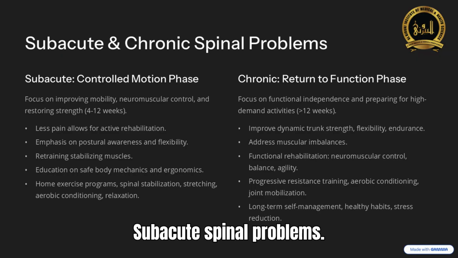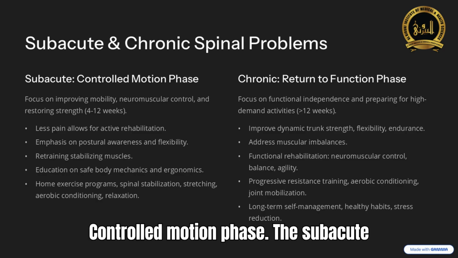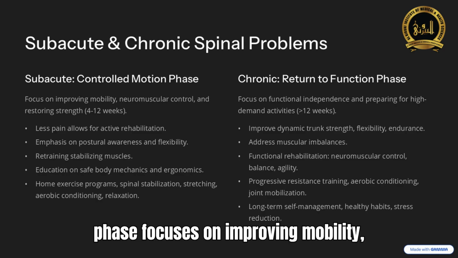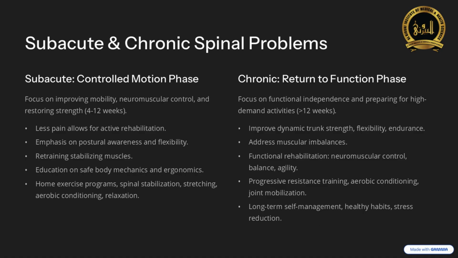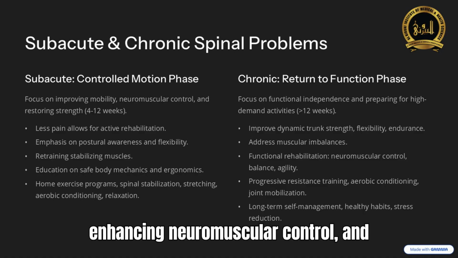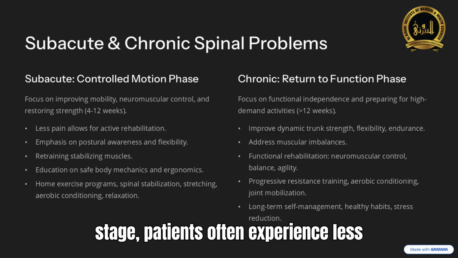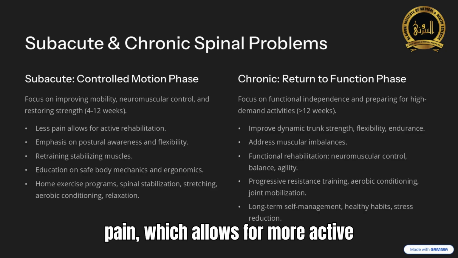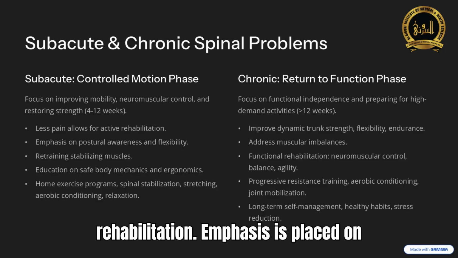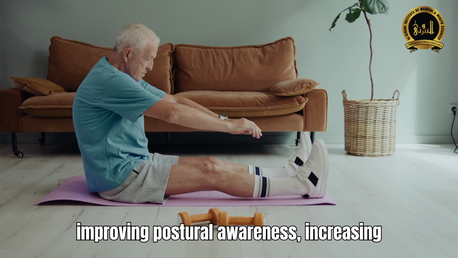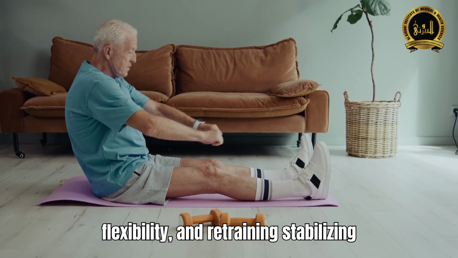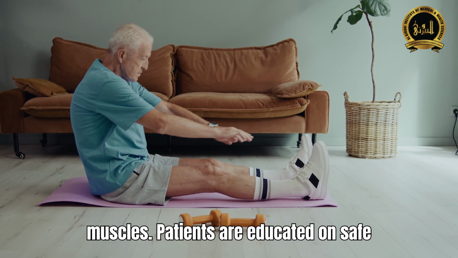Subacute spinal problems. Controlled motion phase. The subacute phase focuses on improving mobility, enhancing neuromuscular control, and restoring strength and endurance. At this stage, patients often experience less pain, which allows for more active rehabilitation. Emphasis is placed on improving postural awareness, increasing flexibility, and retraining stabilizing muscles.